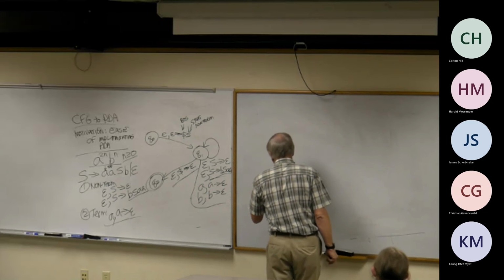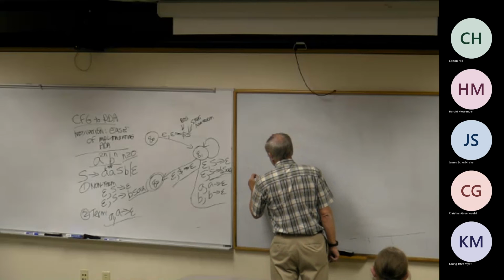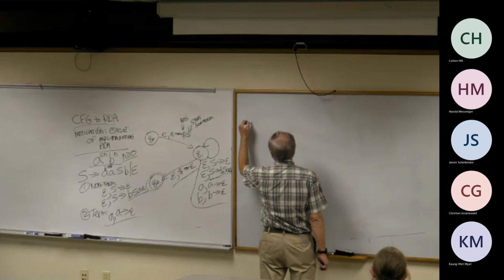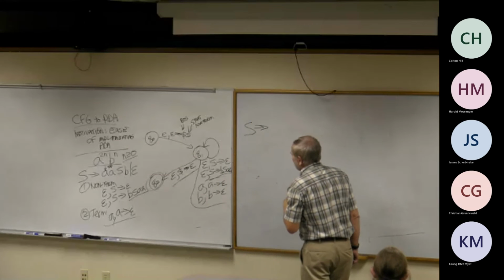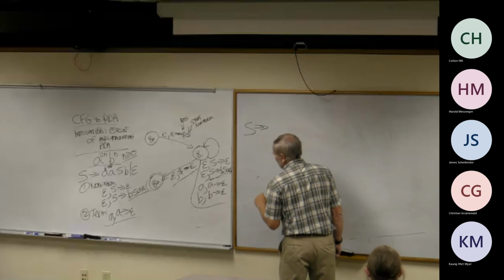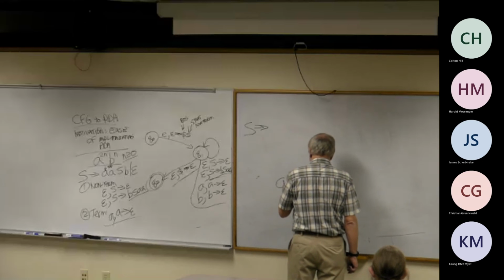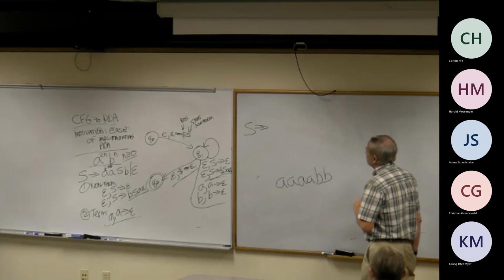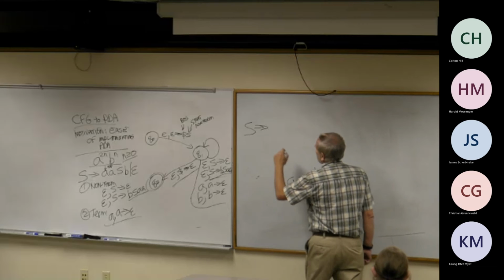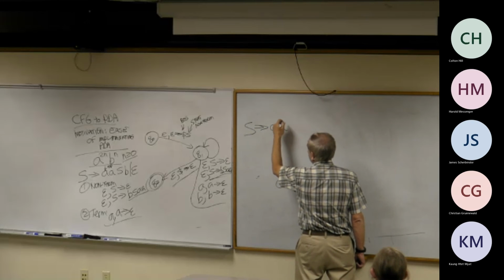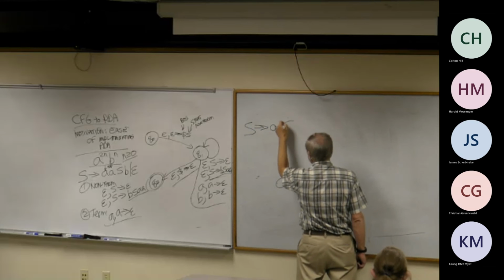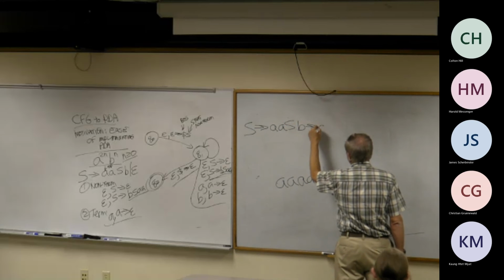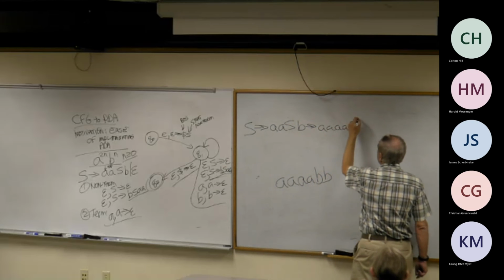Okay, so let's do a derivation first. That's always a good place to start. We always start with S, and let's try to get to that string. We know we can get there. So we would replace S with aSB and do that again, right?